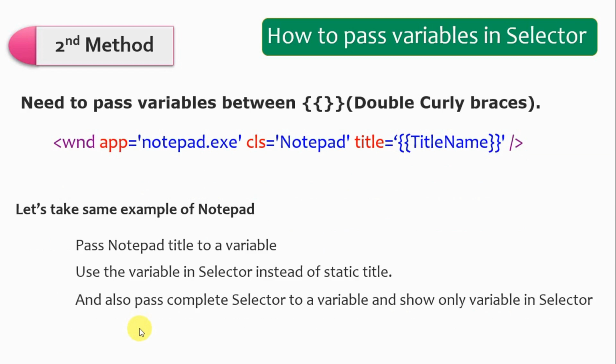You will not get this type of exception error; you just have to pass the variable between double curly braces. You don't need to use double quotation or plus plus. You can write anywhere, like in that selector part, click on that three dot button, it's up to you.